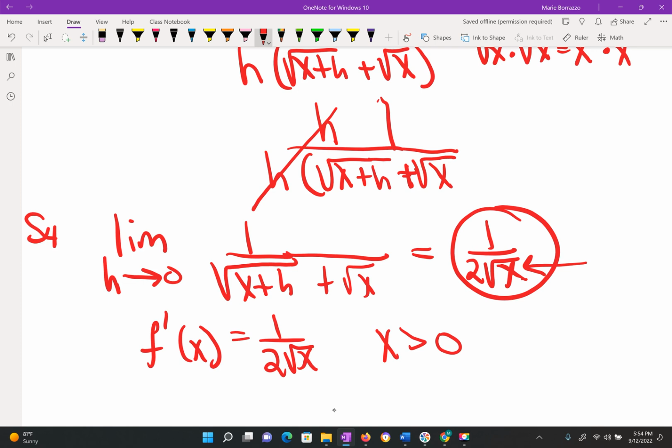It can't be equal to 0 because this is 2 times, and you cannot have 0 in the denominator. So just a note, when it comes to a square root, I can have the square root of 0. That's okay. In this case, the reason why we cannot is because it's in the denominator. We cannot have 0 for a denominator, right? 2 times 0 is 0, no good. It's not differentiable. All right.